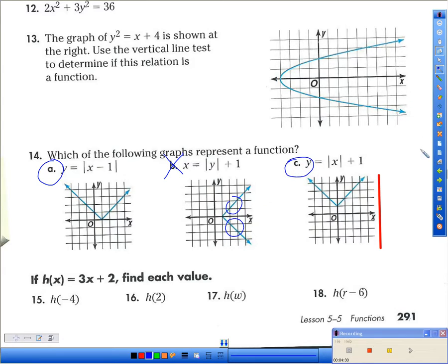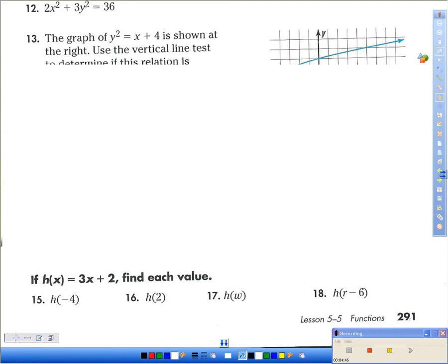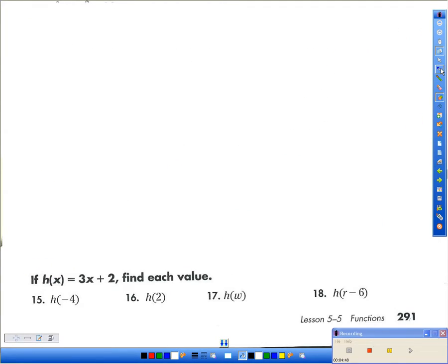Down at the bottom, numbers 15 to 17, the directions say, if h of x is equal to 3x plus 2, find each value. We're really just going to evaluate these like we've evaluated all other expressions in our lifetimes.